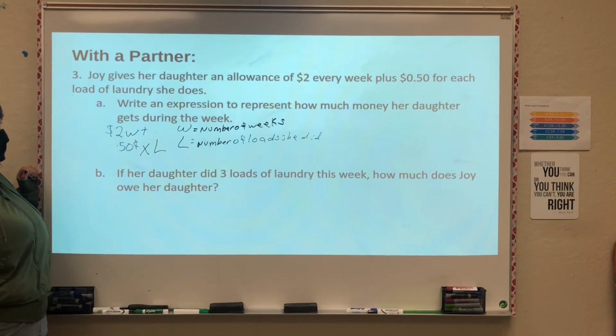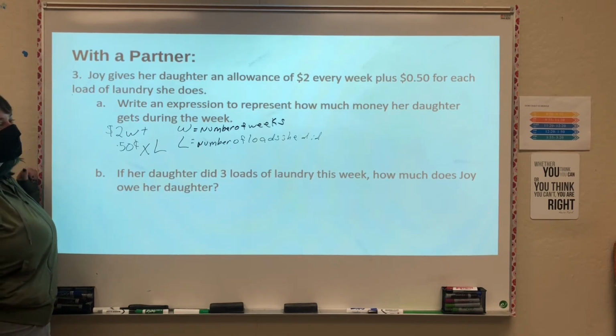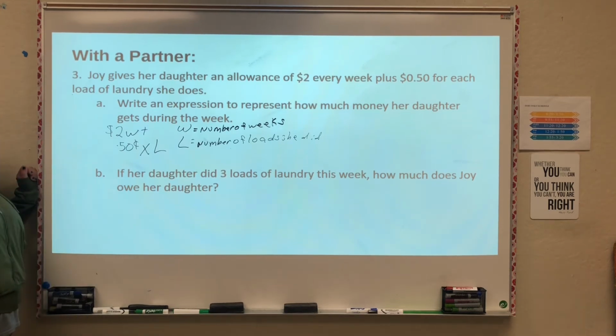So it's going to be like 50 cents times the number of weeks. We're still on the first part. I'm just going to take the total of the 50 cents, then add it to the week. So it's going to be addition. You're still reading part B. We haven't read part B yet. I'm just looking at 2W plus 50 cents times L.